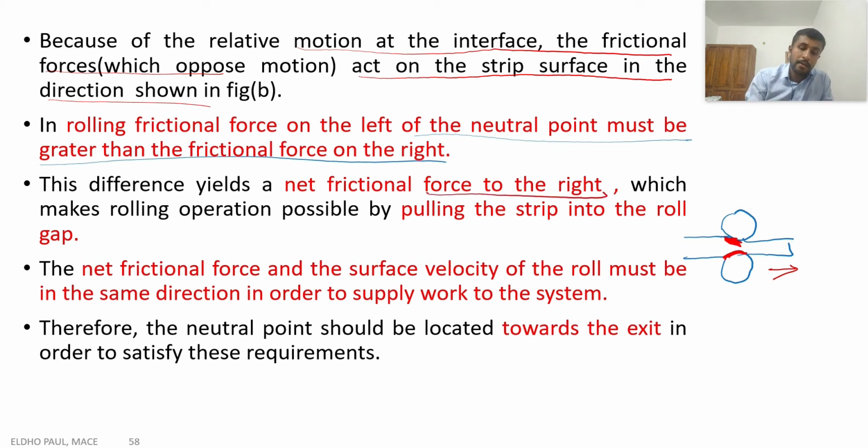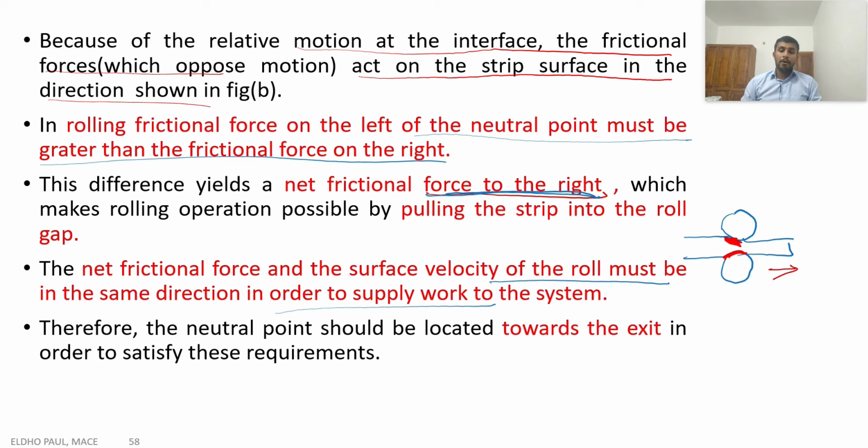Then only can we move the workpiece in the forward direction. So the net friction force and the surface velocity of the roll must be in the same direction in order to supply work to the system. That is also an important criterion for the forward motion of the workpiece through the rolling gap.